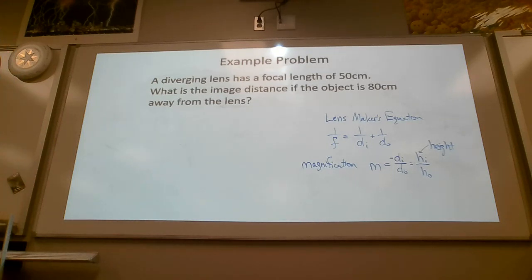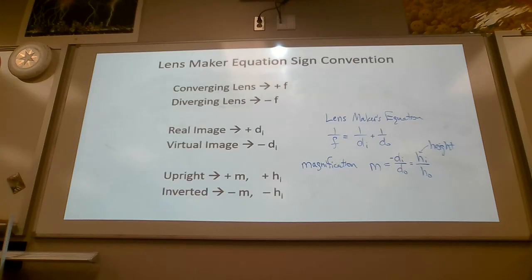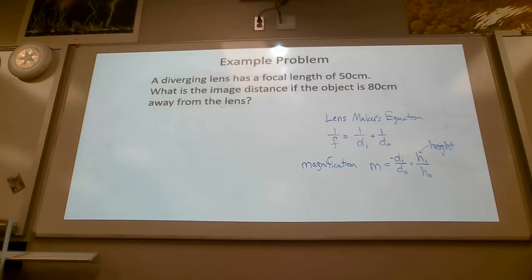If you're given a number, you must assign a positive or negative sign to it based off of this sign convention. If you're solving for something, just leave it alone. Don't assign anything, and the answer will come out in the math.